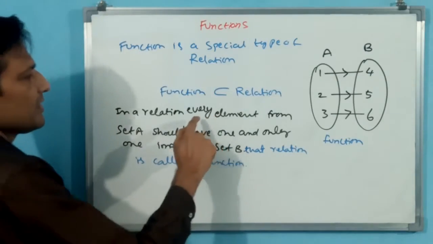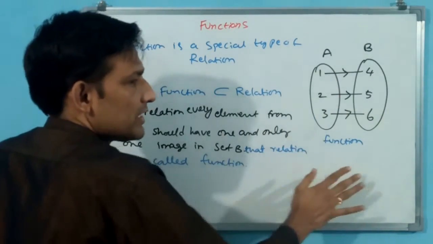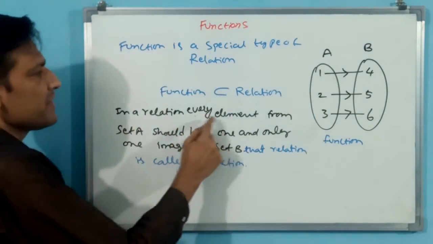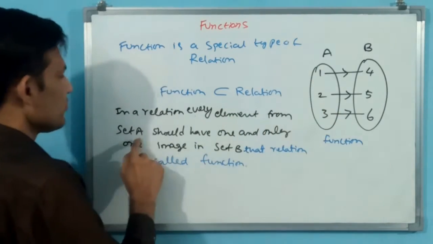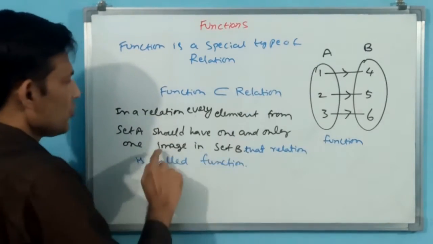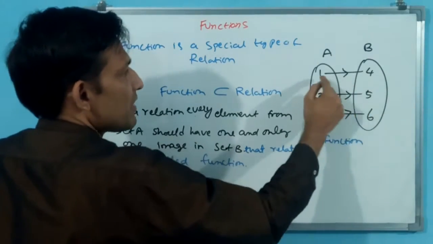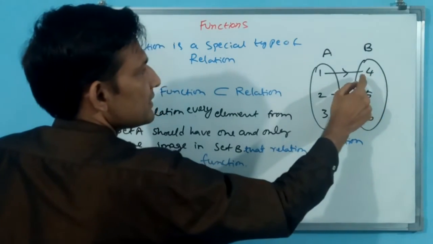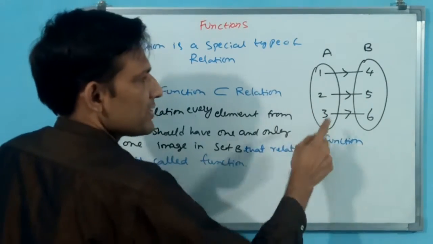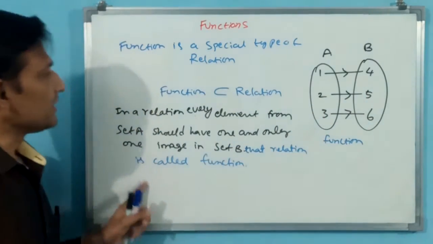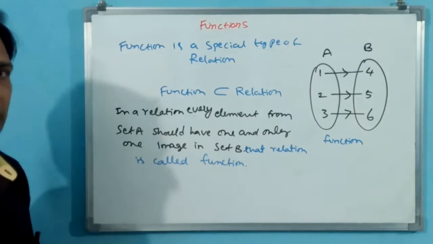In a relation, first of all we should have a relation. In a relation, every element from set A should have one and only one image in set B. 1 is having only one image, 2 is having only one image, 3 is having only one image. That is why this is a function.